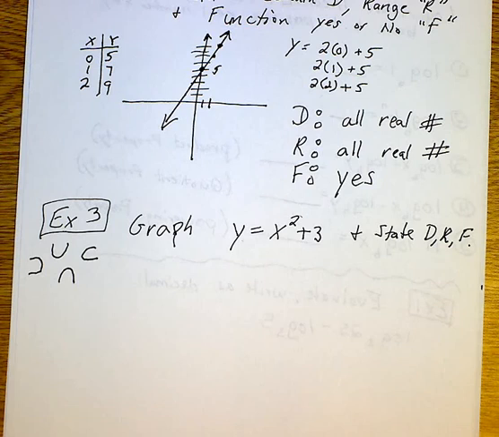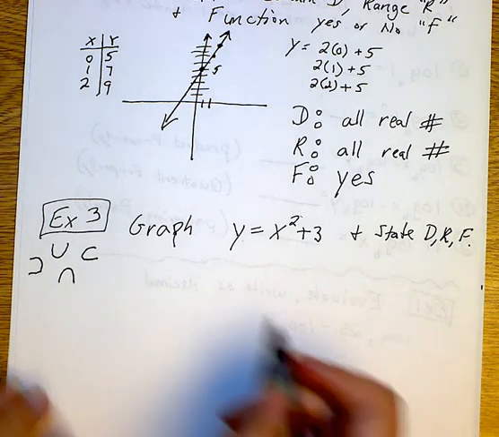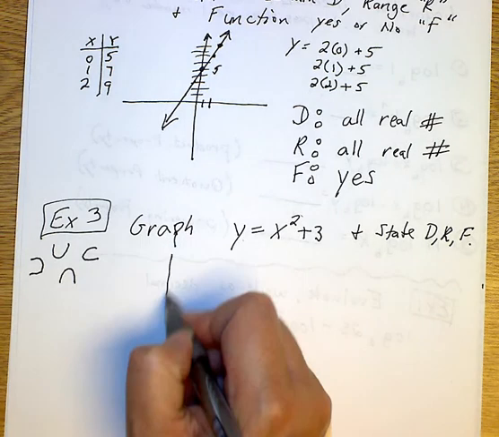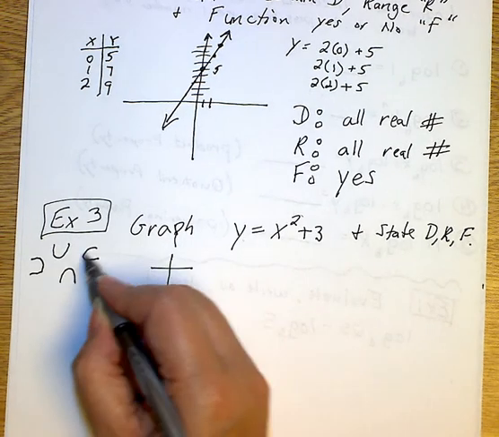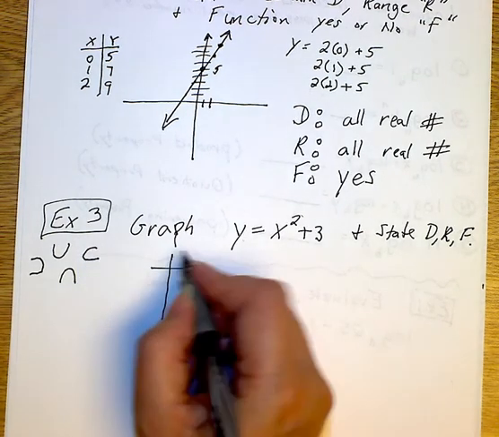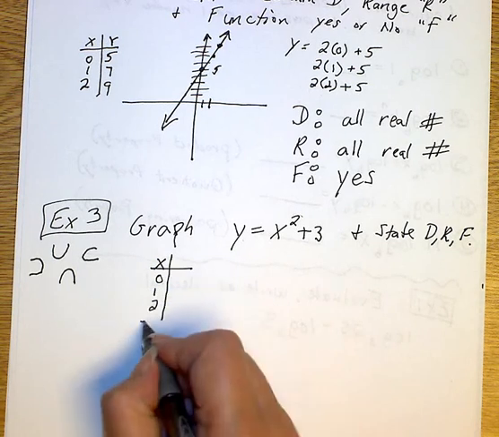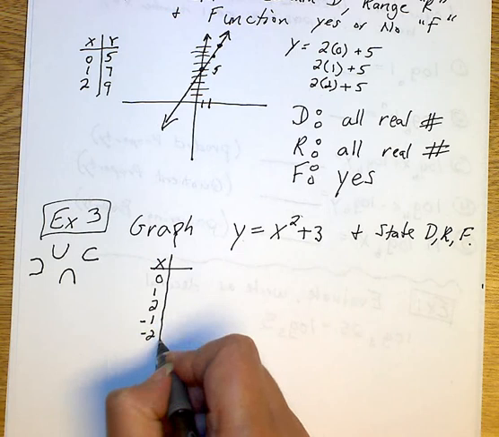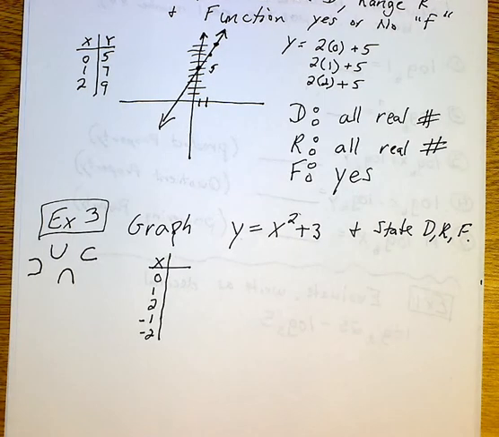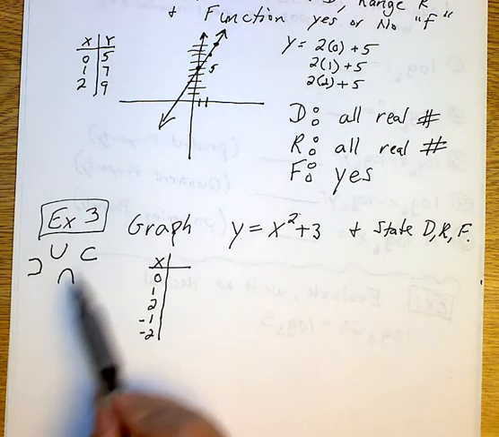The reason is that it tells you, when it's your circle or your half circle, you need to have 0, 1, 2, and -1, -2. You need to have the positive and negatives of that number, so you get both sides of your graph.